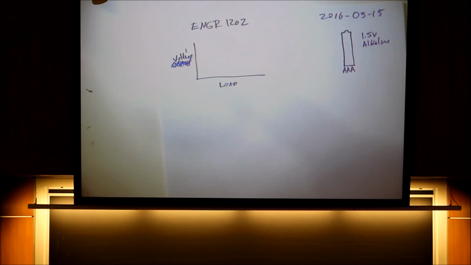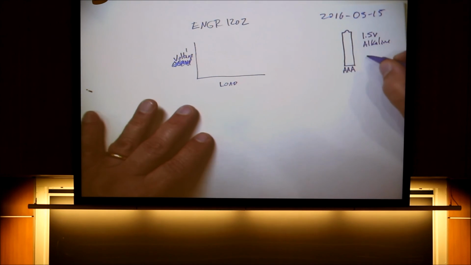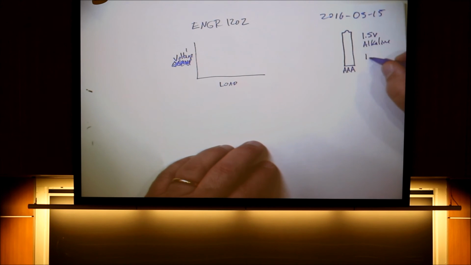Oh, that looks a lot better. Because the rechargeable batteries typically have a lower voltage. If it's a rechargeable, and I can't remember if it's 1.3 or 1.2, I think it's 1.3.